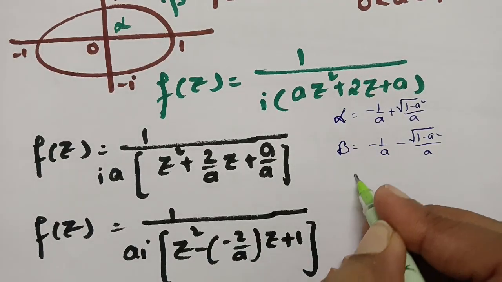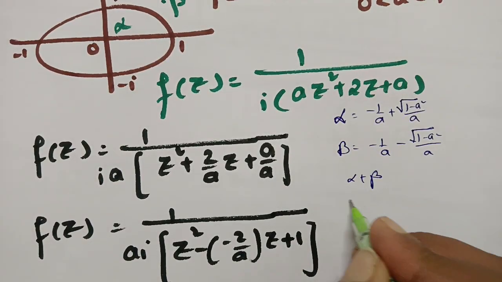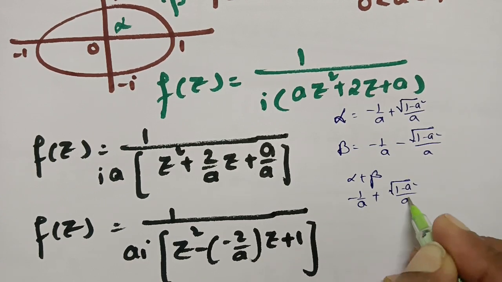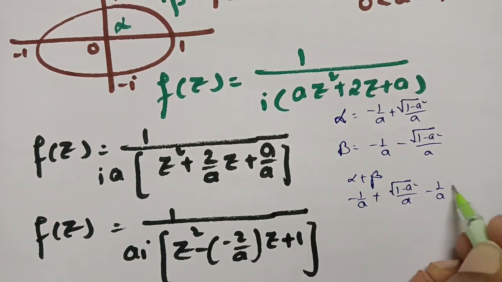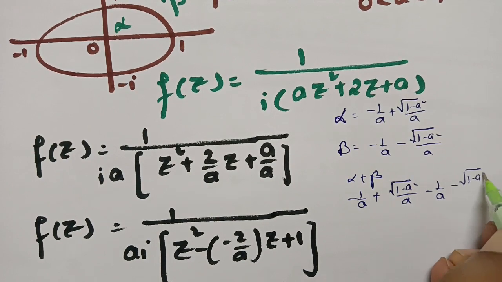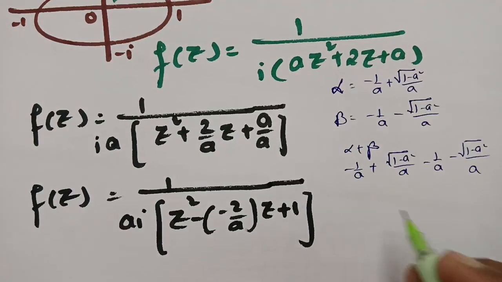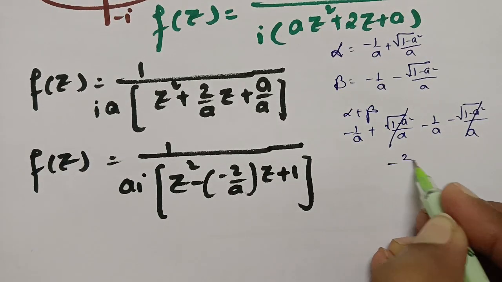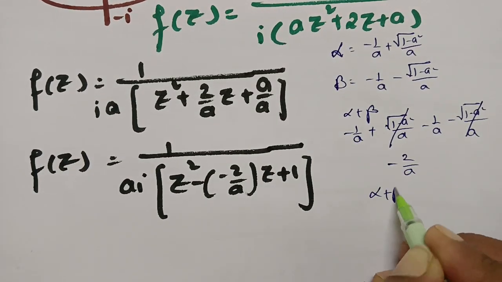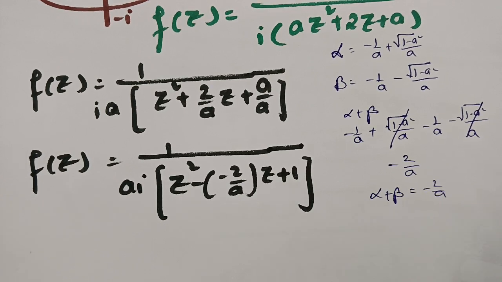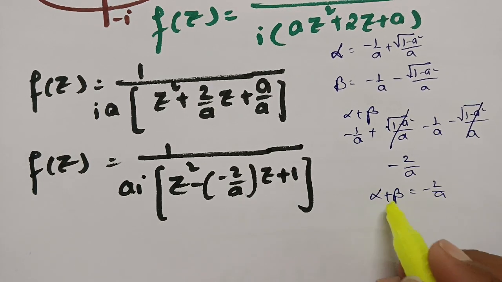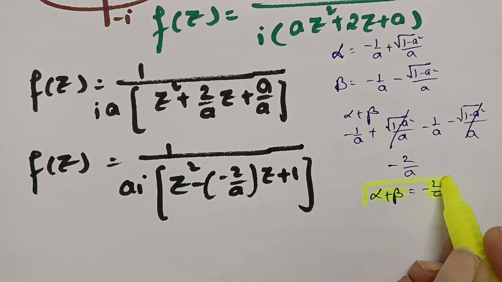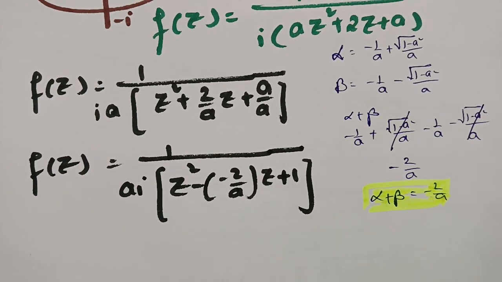For the sum of the roots, alpha plus beta, if I add these two, the answer will be minus 2 by a. So we got alpha plus beta as minus 2 by a. Clear? We have to keep in mind that alpha plus beta value is nothing but minus 2 by a.